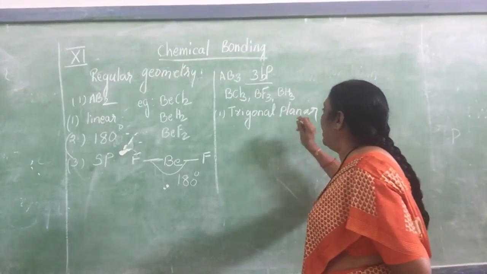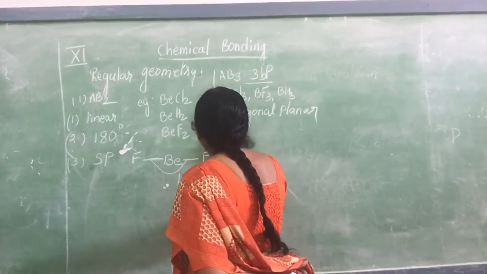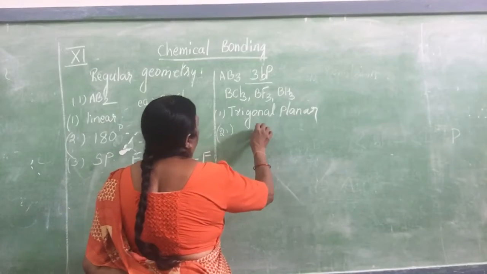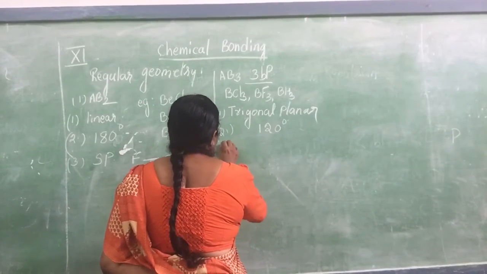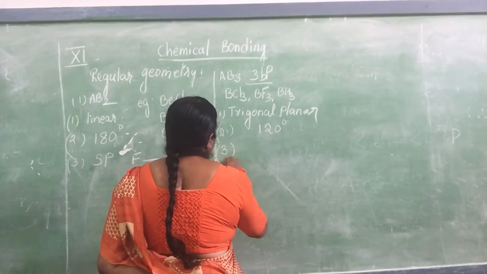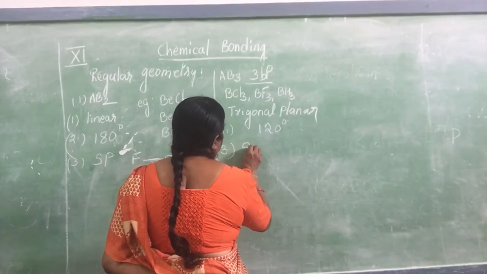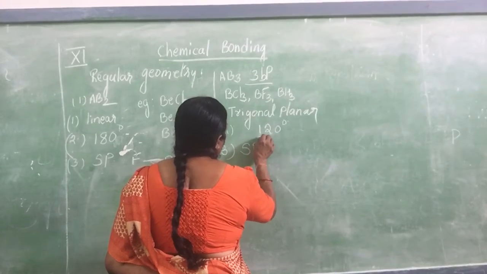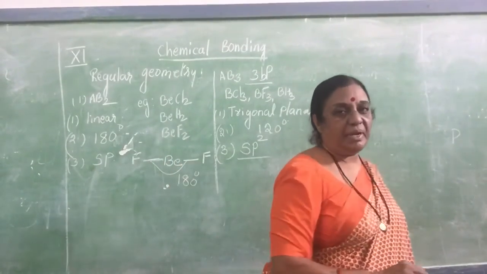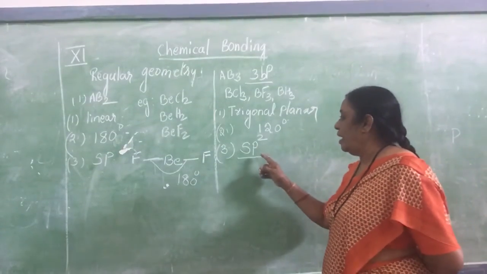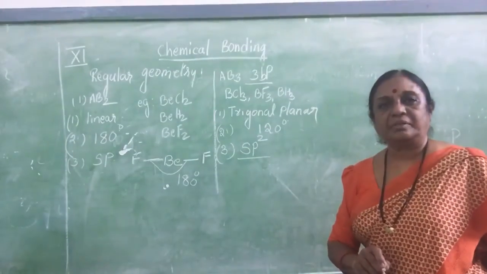Now, trigonal planar, bond angle 120 degrees, and the hybridization is sp2. What is the meaning of sp2? One s orbital overlaps with two p orbitals.